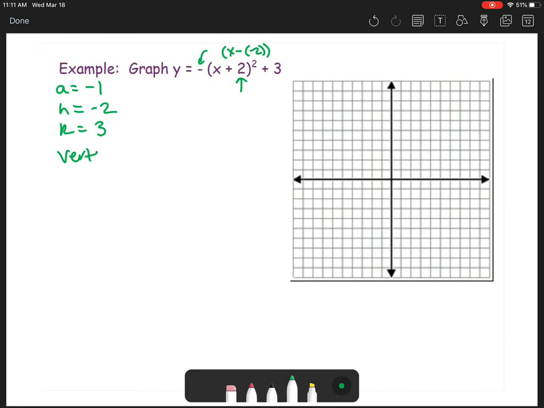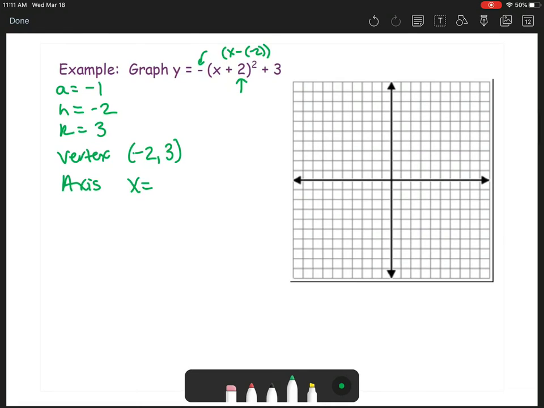So this tells me my vertex is (-2, 3), and the axis of symmetry is x equals your h value. So x equals -2.